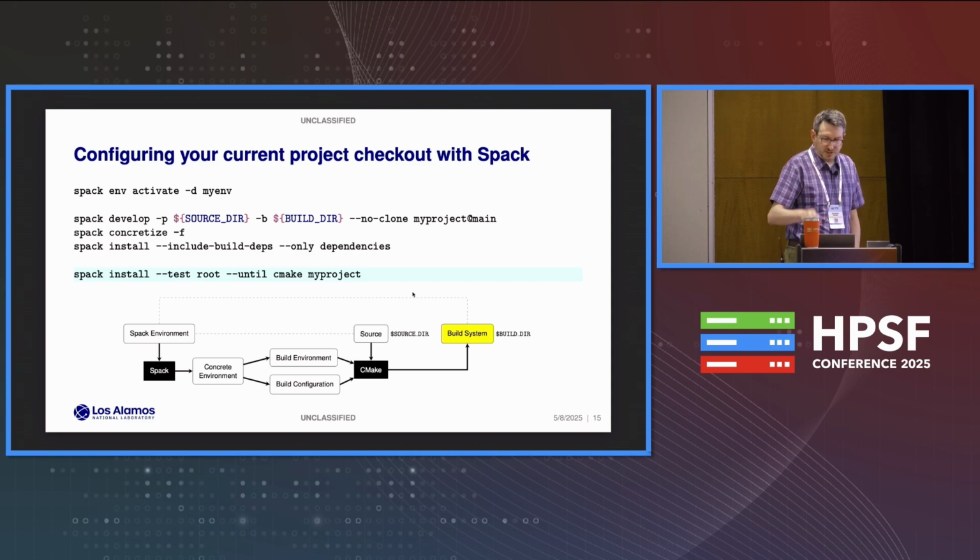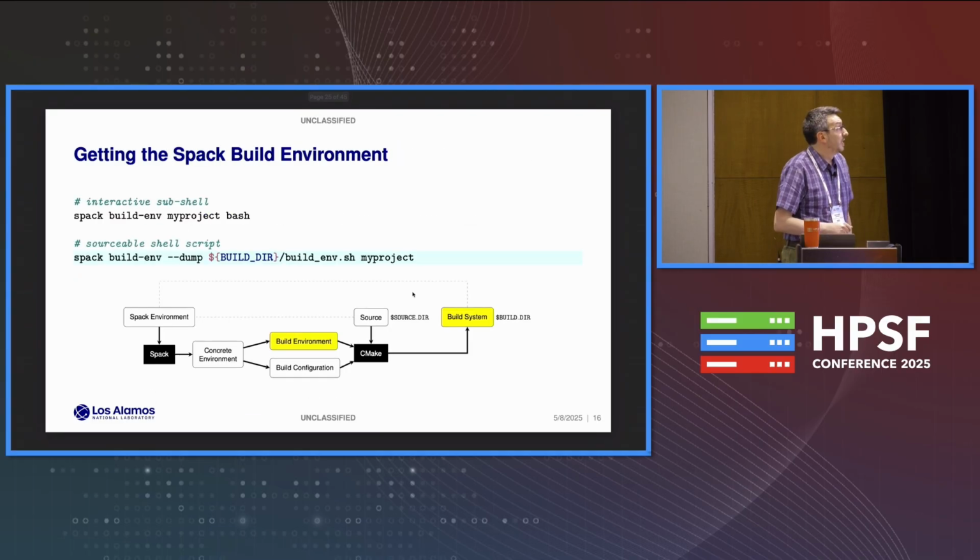In order to use this build system folder now, we have to also use the Spack build environment. So that's all the environment variables that set the necessary environment settings for the build wrappers, the compiler wrappers, and all the other things that maybe have been changed by your dependencies in your environment.